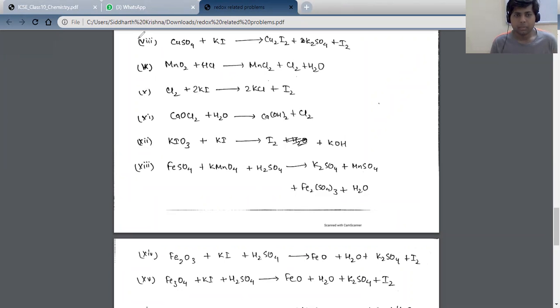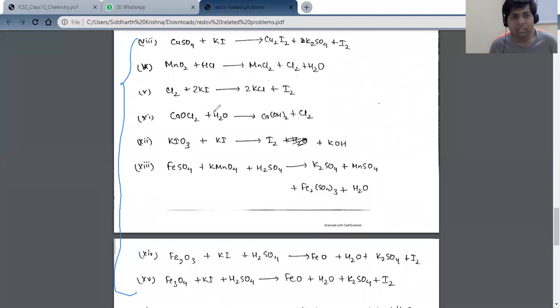Which question are you asking? 12th, sir, number 12. Sir, how did hydrogen come in IO2? From KOH? Hydrogen should not be there, so it should be I2 plus KOH. Or if hydrogen is there, then on this side H2O should be there. Now you can balance this.